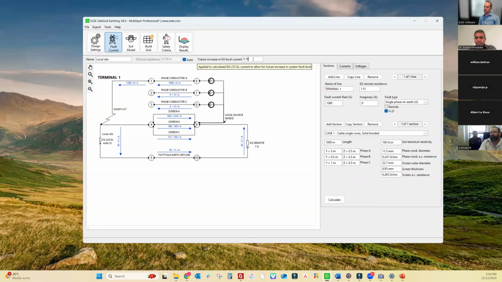I think some of the standards, for example, the UK standard 50522, requires you to consider the future allowance. I think it's a good idea. It's not mandated everywhere, but look at your specifications and talk to your clients about it. Be they utilities, they may have a requirement of 10% future increase, for example.